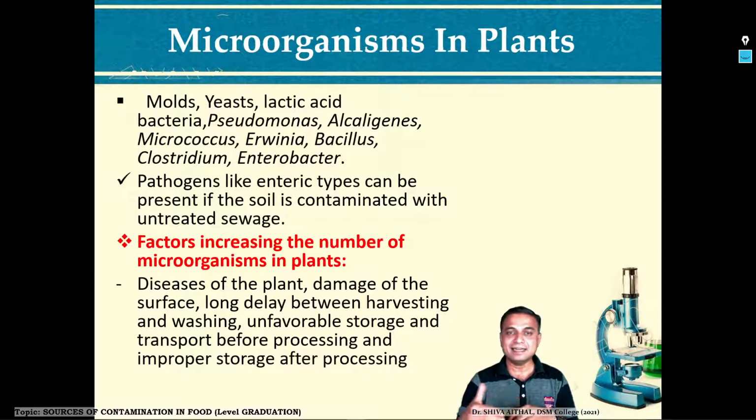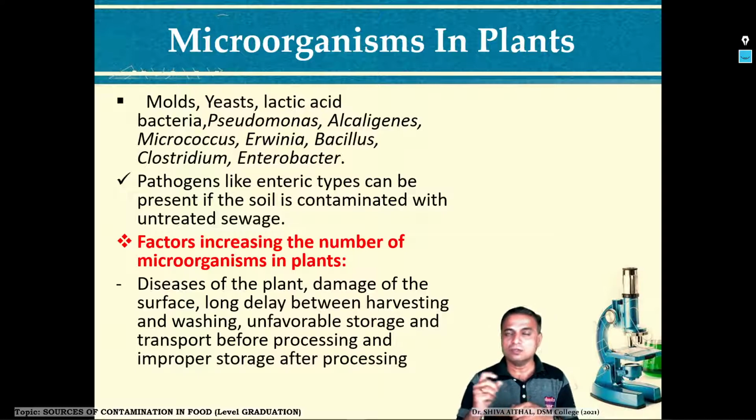Enteric pathogens, those present in the intestine of animals, can be present only if it is contaminated with fecal matter or sewage. If sewage is added into agricultural soil through water, then there is a huge chance that Enterobacteriaceae members can be present.